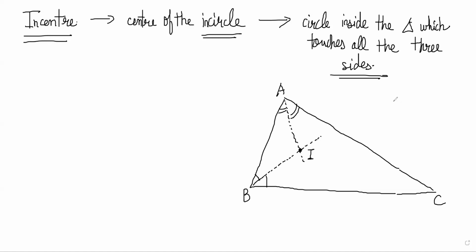Do you know the reason? From here, apparently, you should be able to draw a circle which touches all three sides, right? Yes, sir. So why is it happening like that? The point of intersection of internal angle bisectors is the center of the incircle. Why is that?